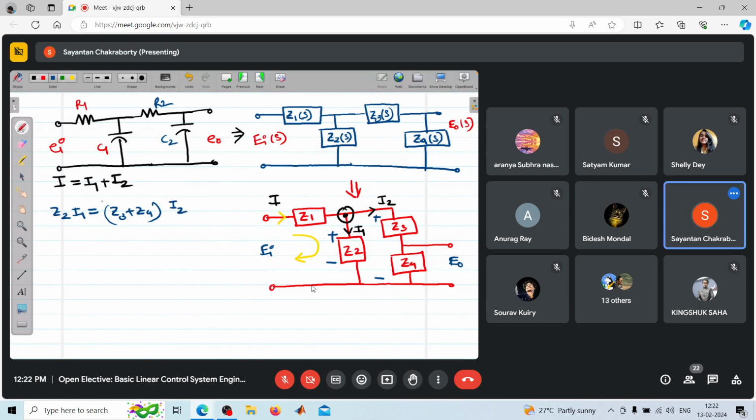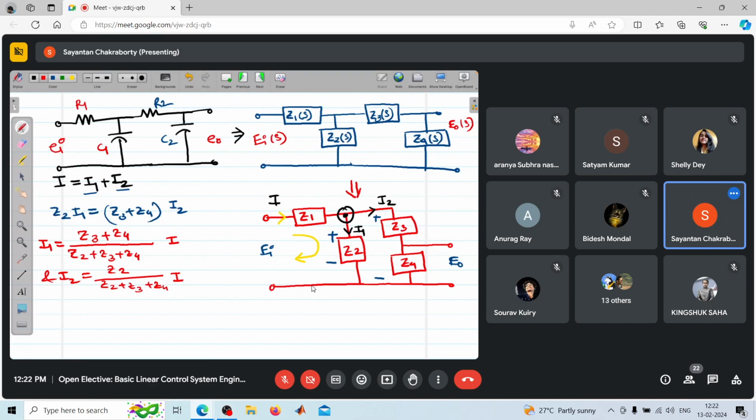So if we eliminate either I1 or I2 from this expression, then you can represent both I1 and I2 as a function of I. So it will be like I1 is equal to this will be Z2, right? So the current division is done.